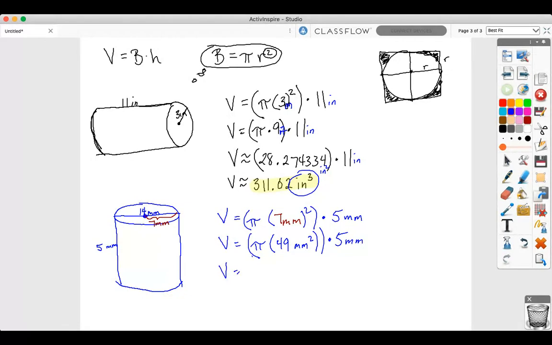Okay, get your calculator out. 49 times pi is now approximately 153.93804 millimeters squared times 5 millimeters.